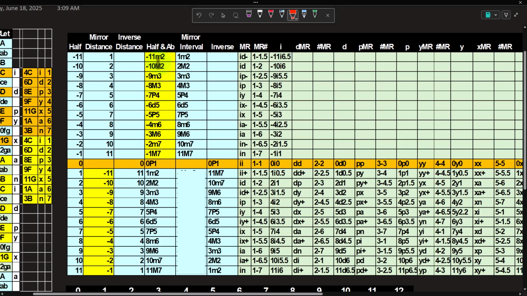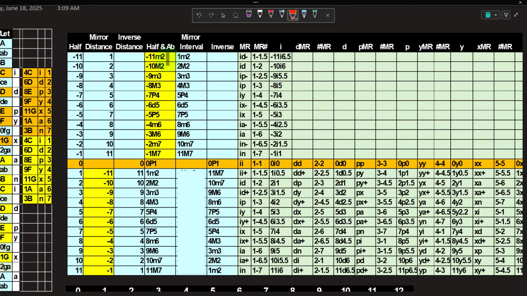negative 11 minor second. So notice this minor second often, particularly on the guitar, will be used whether you're going forward or whether you're going backwards, and it will be used for different octaves as I go around the block multiple times, octaves up. So the best way to include differentiation to know if you're going forwards or backwards or if you've gone past an octave is to include in your naming construction the distance taken.